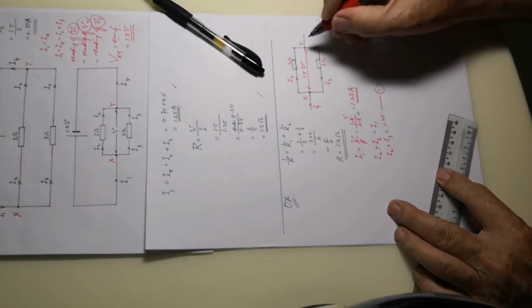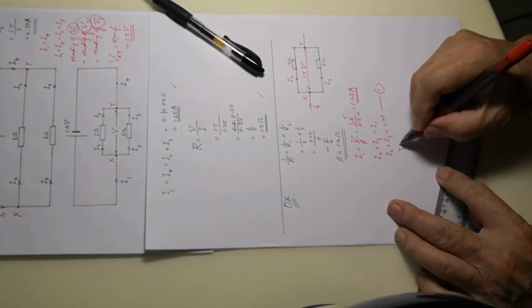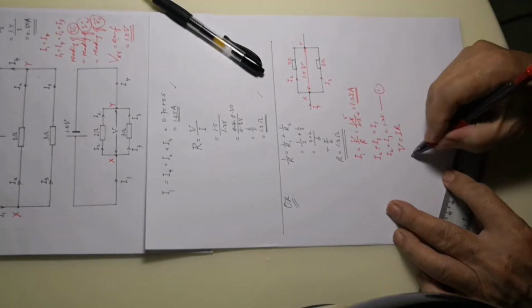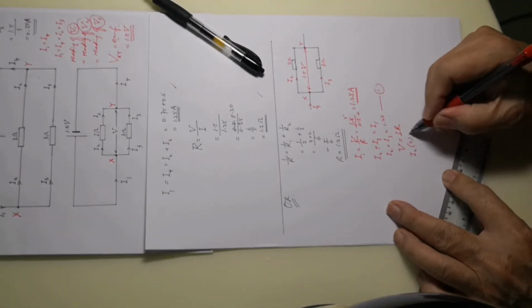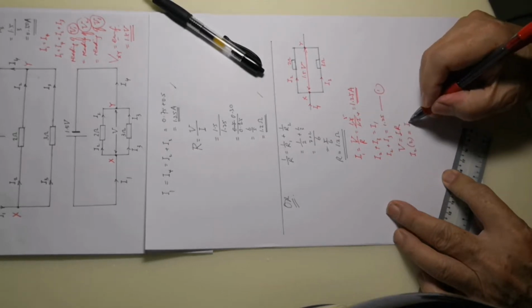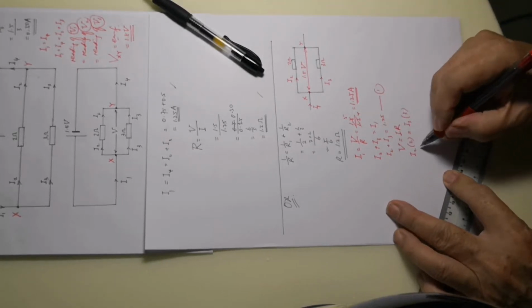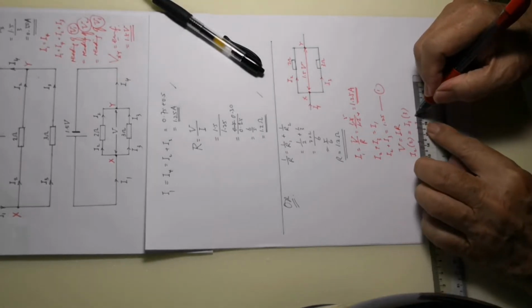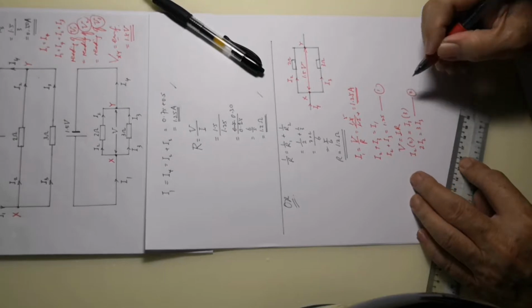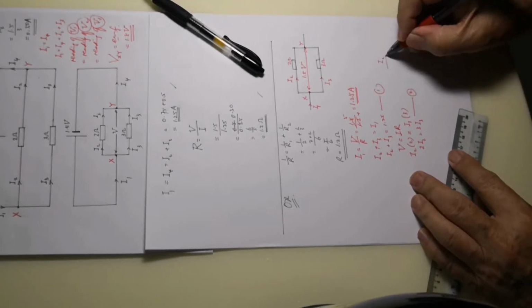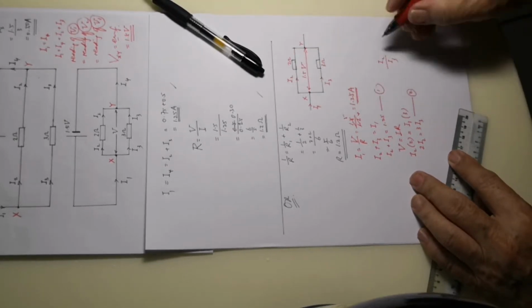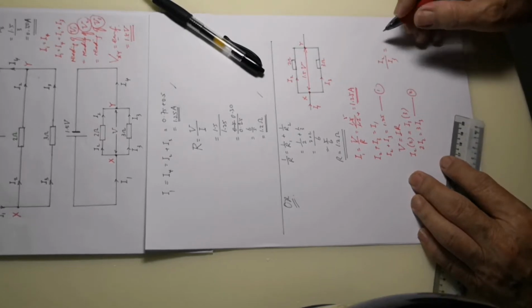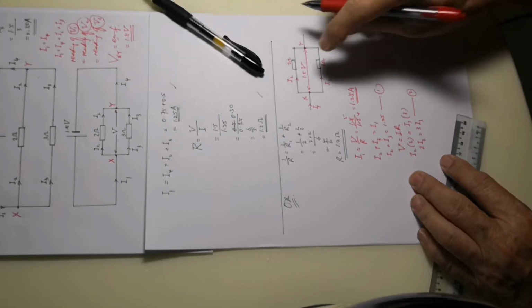From the definition of potential difference, I2 times 2 must be equal to I3 times 3, so 2I2 equals 3I3. This is nothing but to say that the currents in the branches are in inverse proportion to the resistances.